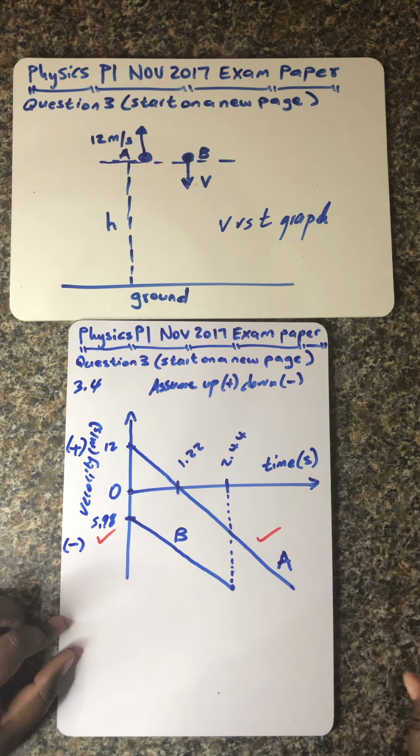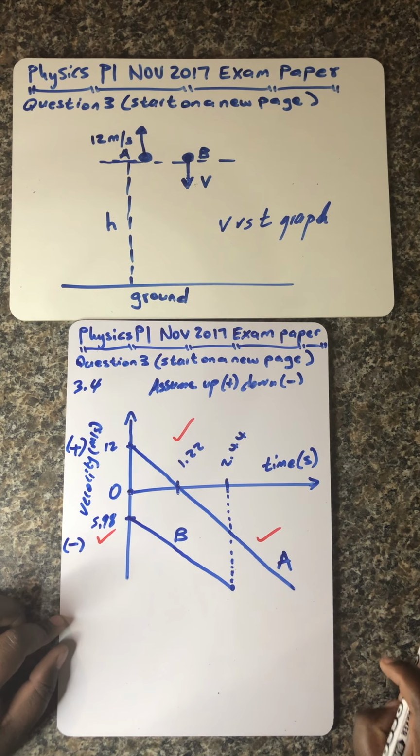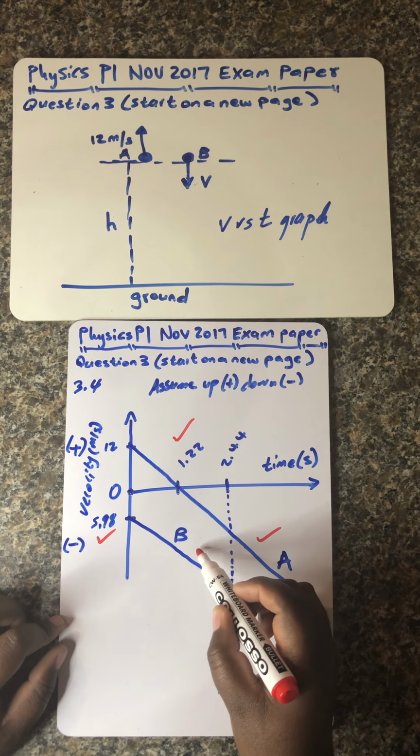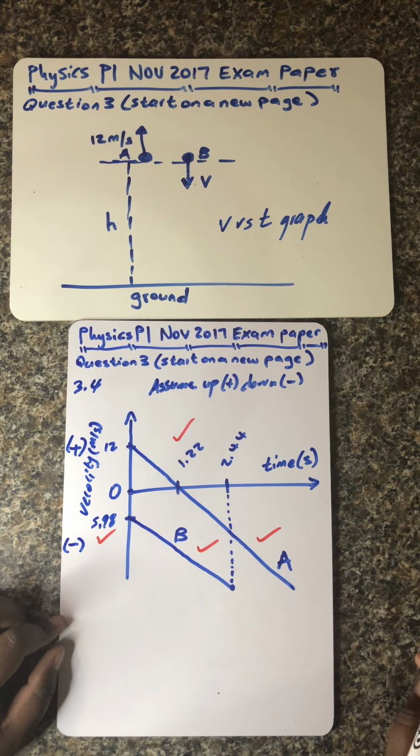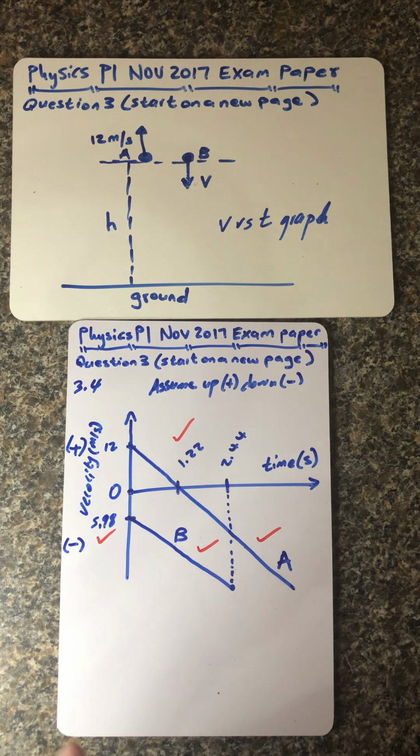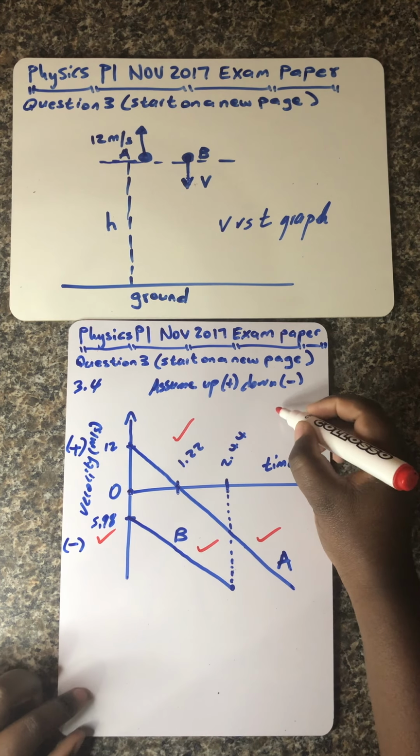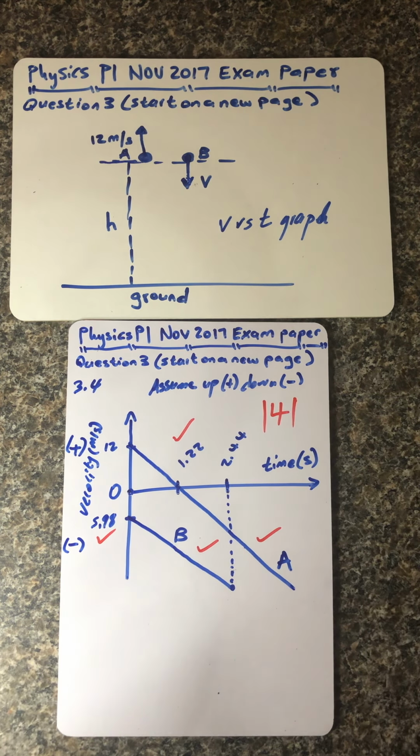They will give us a mark for indicating the journey for stone A, and for showing the time when it reaches its maximum height, and again a mark for showing the journey for stone B. So this is how you score 4 marks. Let me just indicate there that this question was allocated 4 marks. So guys, this is how you score your full 4 marks.